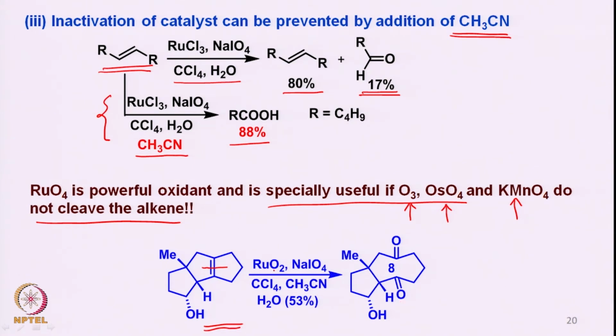But ruthenium tetroxide, which is formed from ruthenium dioxide in the presence of sodium metaperiodate, allows the cleavage of the CC bond to form this product in 53% yield. So, there are advantages of this reagent, and therefore, it is used in organic synthesis quite a lot.